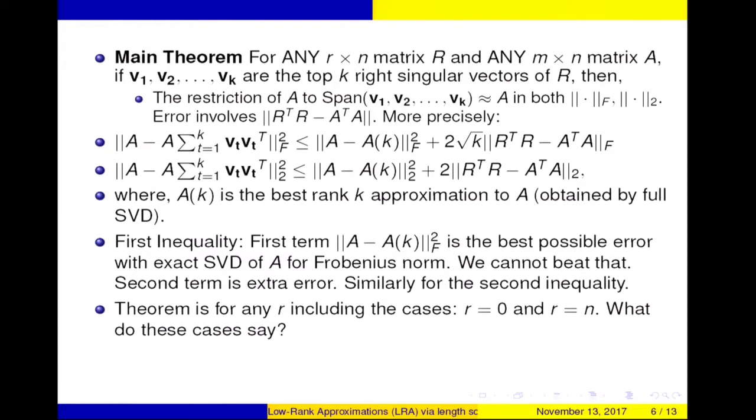Now, one thing that's instructive before we leave the statement of the theorem and go to the proof is that this theorem is also true for any r. It's true in particular for r equals 0 and n. It'll be nice to see what they say to us. What does r equals 0 say?